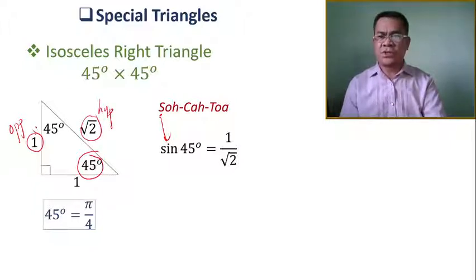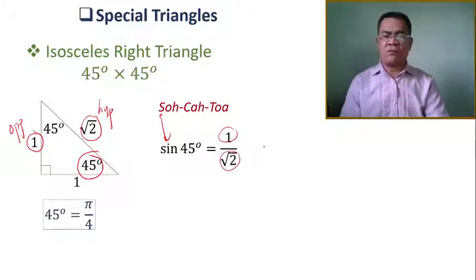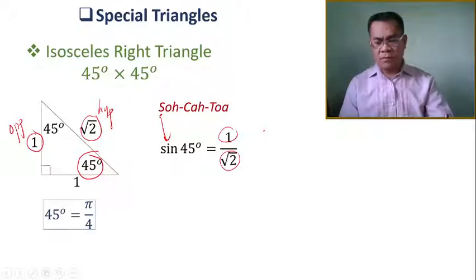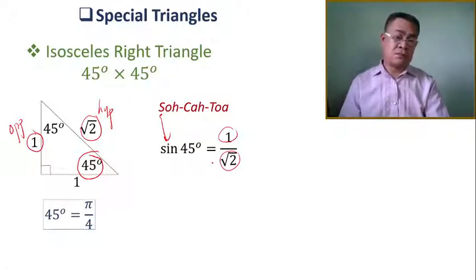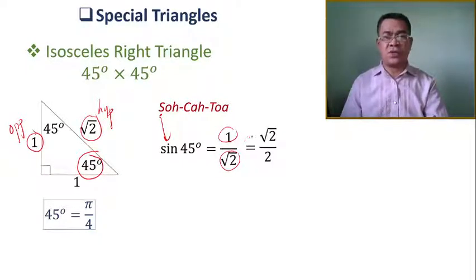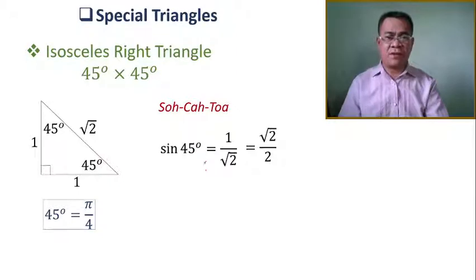So it should be 1 over square root of 2. Then rationalizing, we have square root of 2 over 2. This is the exact value for the sine of 45 degrees.